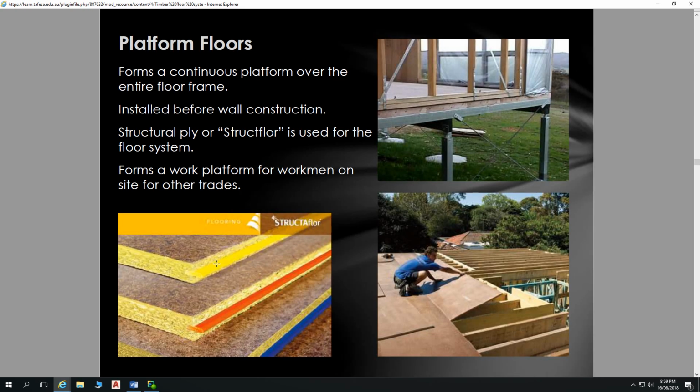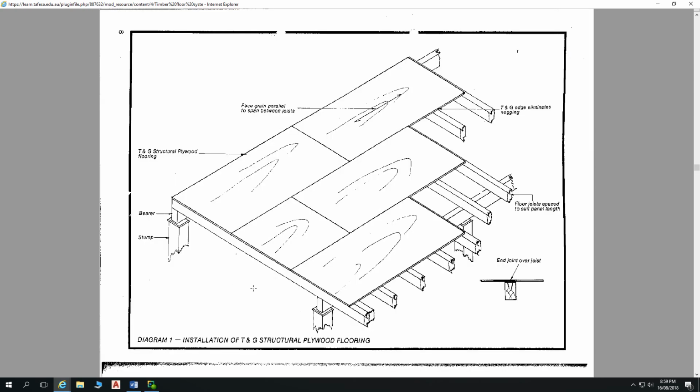So that's your structural floor. It doesn't handle moisture very well. This is your plywood flooring. A little bit more expensive than your structural floor, but a more rigid floor. I was looking into plywood recently as a flooring system, thinking, okay, how much time have we got before that goes down? We've got to get the wall frame and the house to lock-up.